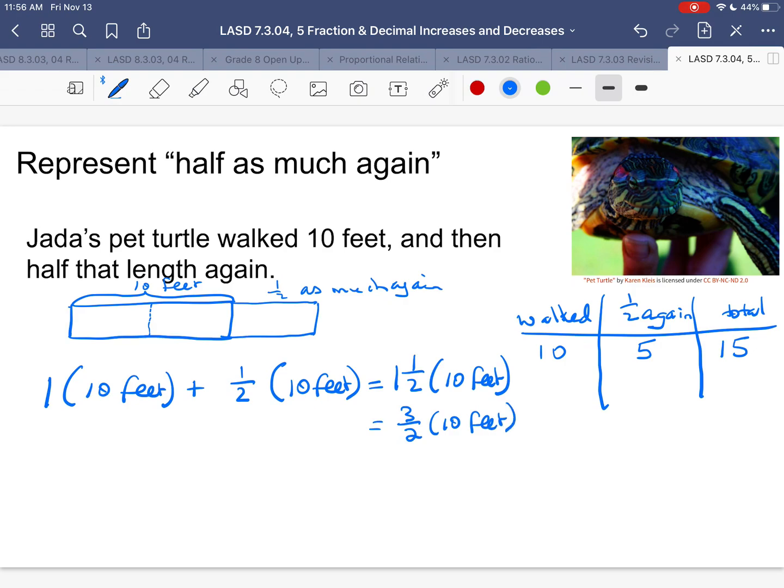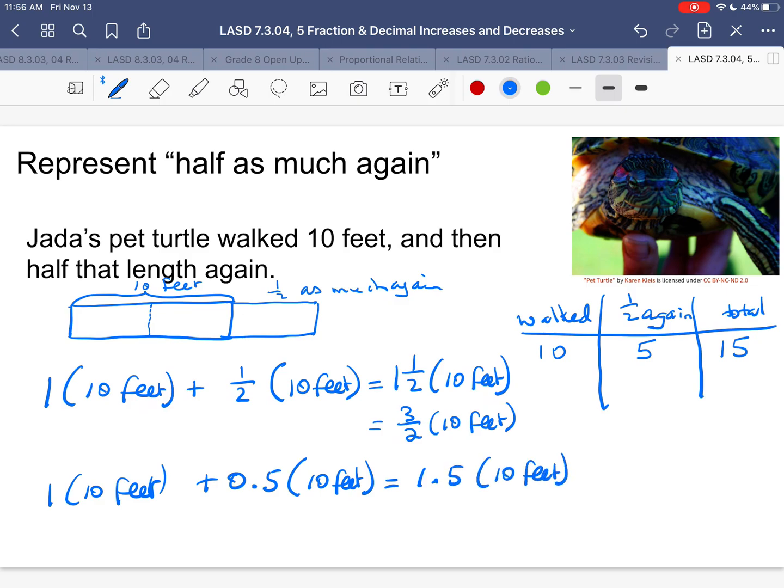And using decimals, we'd say 1 times 10 feet plus 0.5, because that's half, times 10 feet is 1.5 times 10 feet. And all of these are equal to 15 feet, which we saw in the tape diagram and the table.